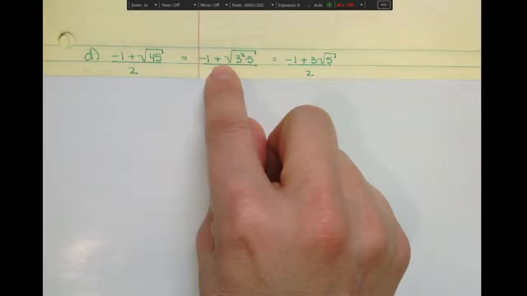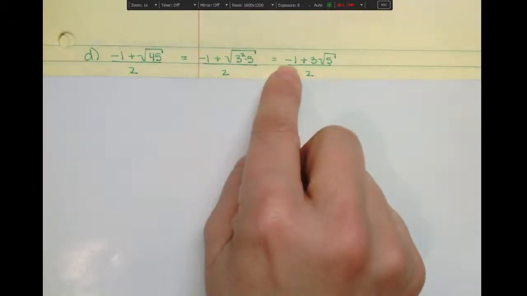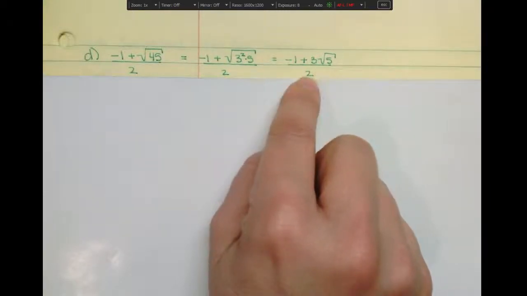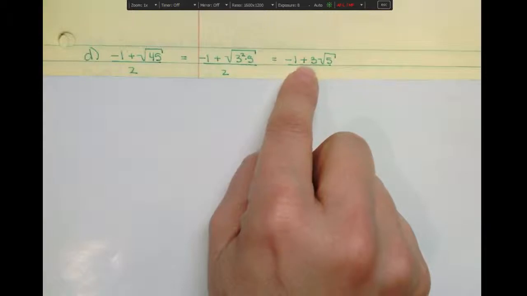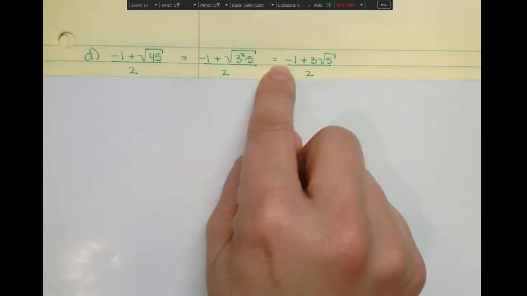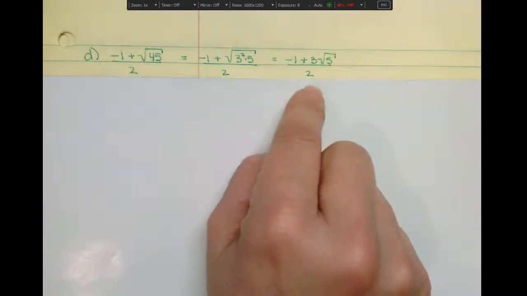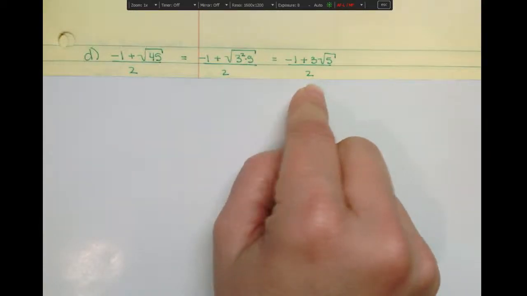That can come out, and that leaves -1 plus 3 square roots of 5 all over 2. If the numerator had anything in common, I could pull out the GCF and then see if it can be reduced any more. But this is as far as this expression can be simplified.